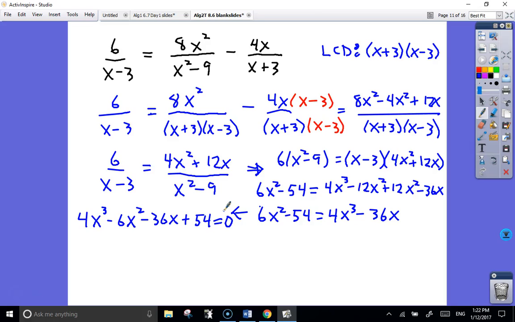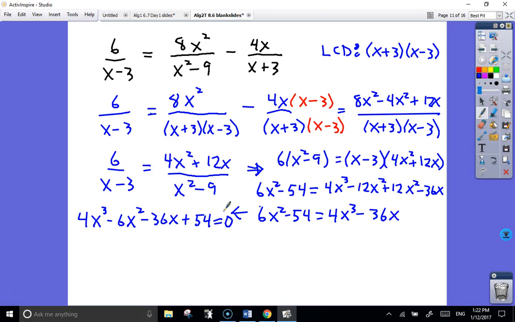So is it? You could put it in the calculator, what's negative 6 over 4? Okay, what's 54 over negative 36? It's the same thing, right? So grouping is going to work here. It wouldn't always work, but these problems are usually carefully constructed to make it work. So grouping will work in this case.